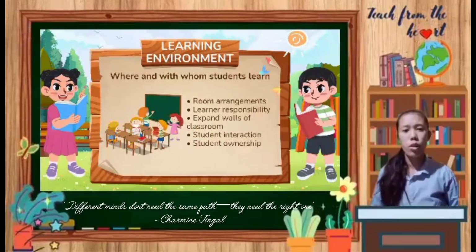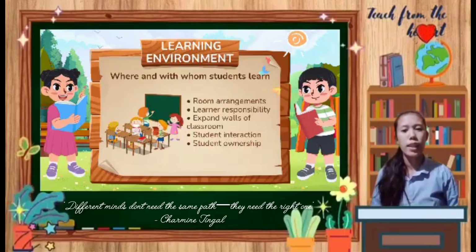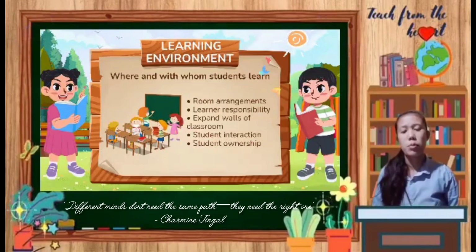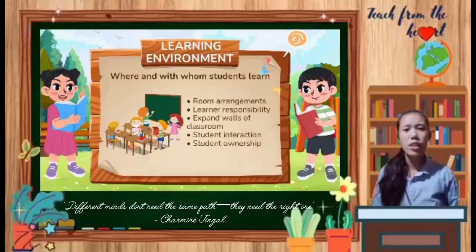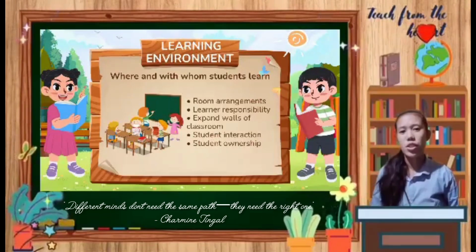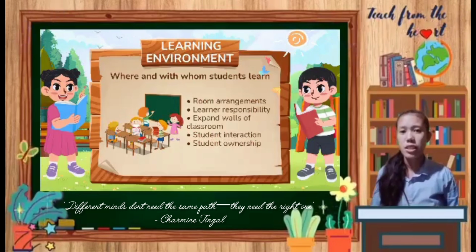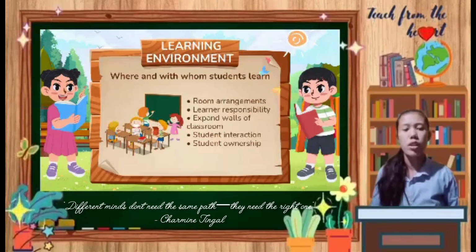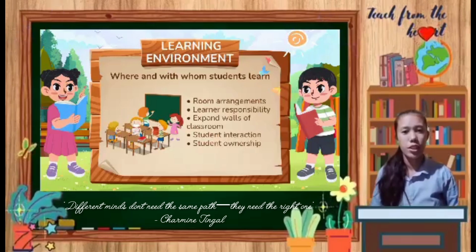Teachers expand the walls of the classroom by incorporating technology, connecting students to experts and resources beyond the school, and encouraging learning experiences in the community. Student interaction is promoted through group projects, discussions, and peer feedback activities, fostering collaboration and social learning.